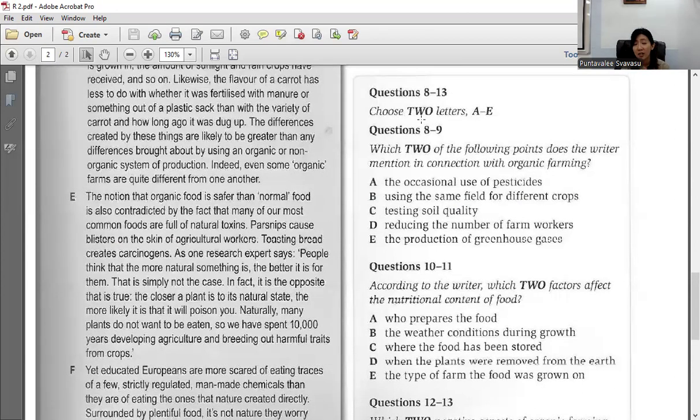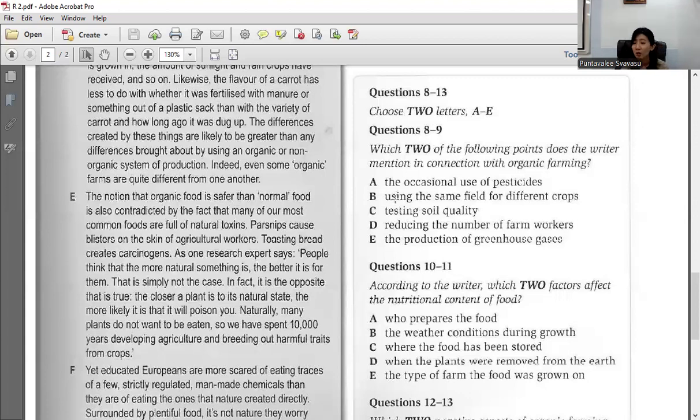So before you continue the video, I want you to go back to the text and check with the choices. Highlight the part of the text that contains choice A to choice E answers. Of course, you will usually find most of it in the text.